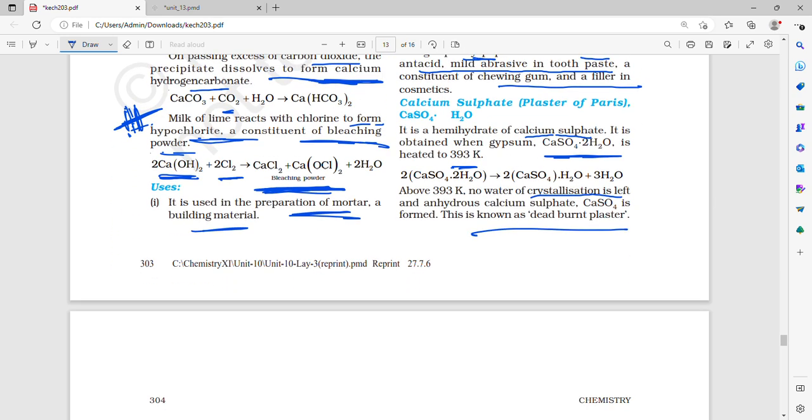Calcium sulfate hemihydrate, CaSO4·½H2O, is called plaster of Paris. It is obtained when gypsum, CaSO4·2H2O, is heated to 393 Kelvin.